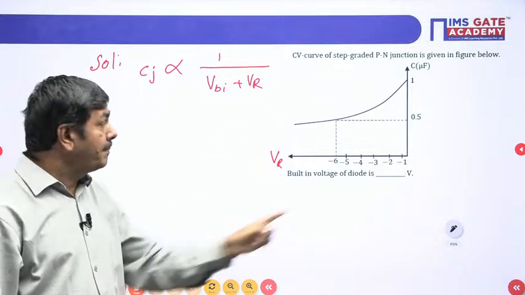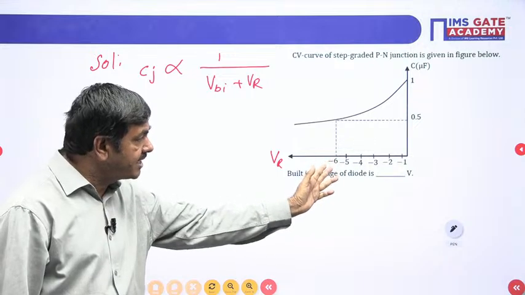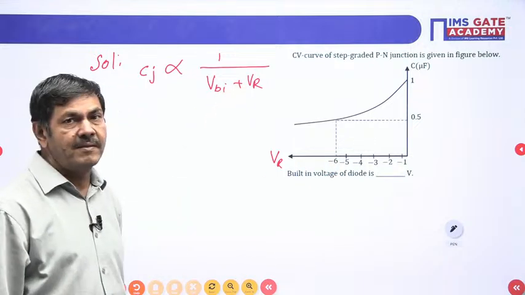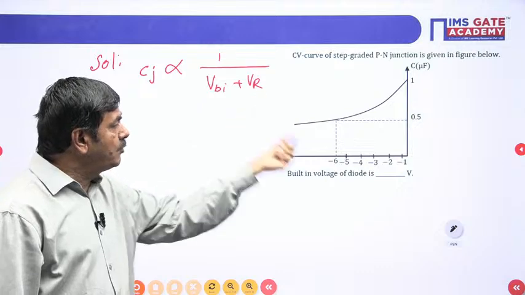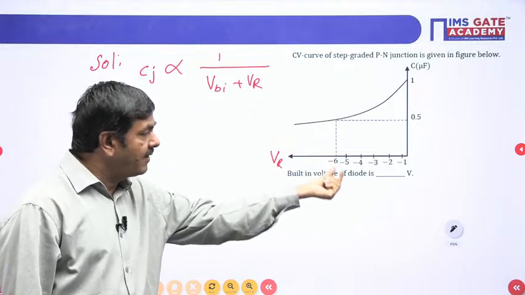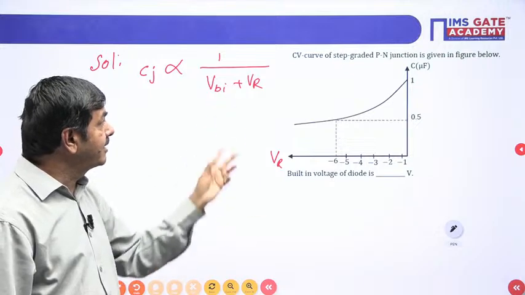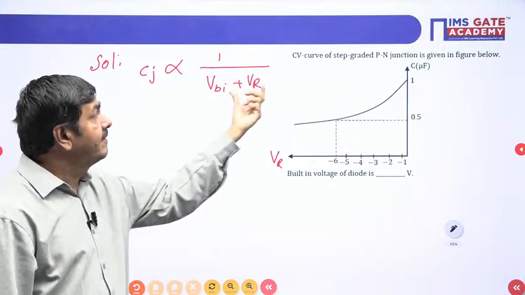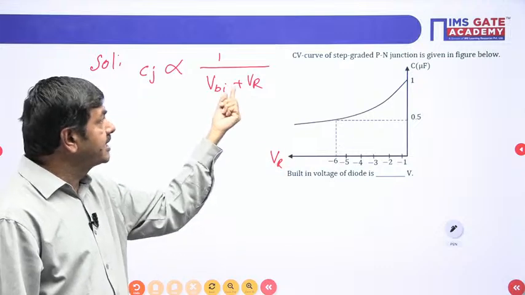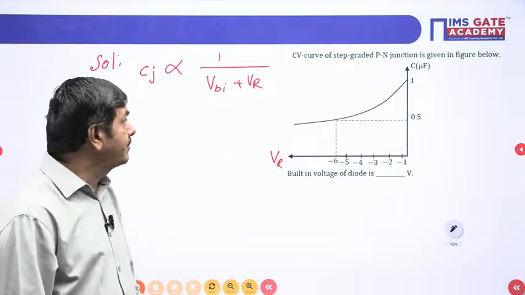Reverse voltage is a negative value. Suppose minus 6 is there, then it is minus of minus, which becomes plus. While taking the VR value, you must take the magnitude value only, 6. That is converted into a plus. The general formula is VBI minus VR, and VR being negative, it becomes plus directly. Understand my point now.